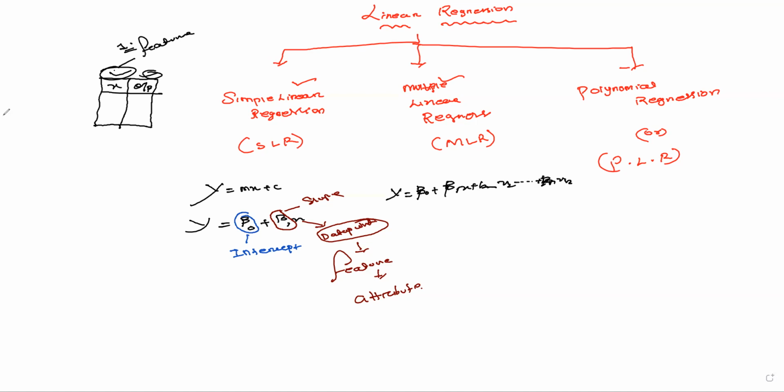For example, in simple linear regression, whether a person is eligible for a driving license or not depends on age, and in the binary case we write yes or no. But for a person suffering from heart problems or other health issues, the multiple features will be blood pressure, cholesterol level, and so on. You measure all these and then show whether that person is suffering from the disease or not.